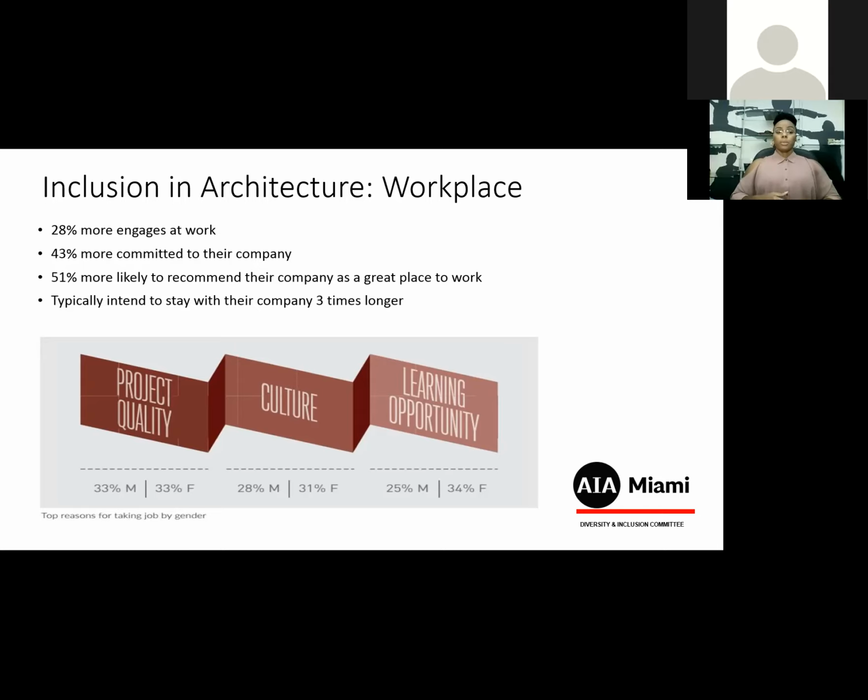Having an inclusive workplace yields 28% more engagement, 43% more employees are committed to their company, and 51% are likely to recommend their company as a great place to work. Now, 51% is half. That means half your staff is likely to tell their friends that this is the place to work.